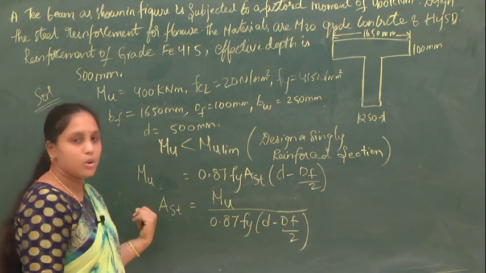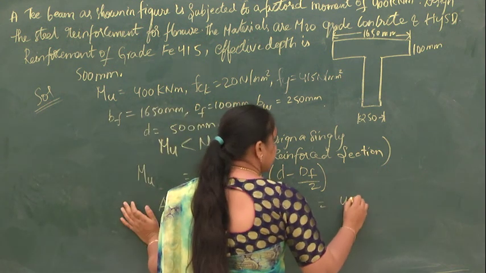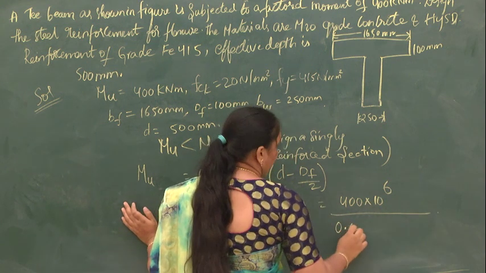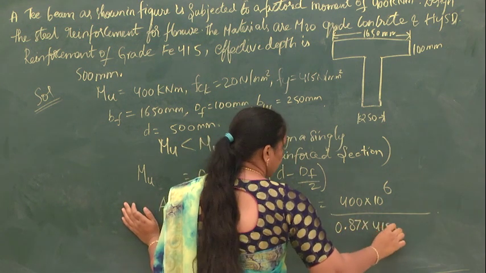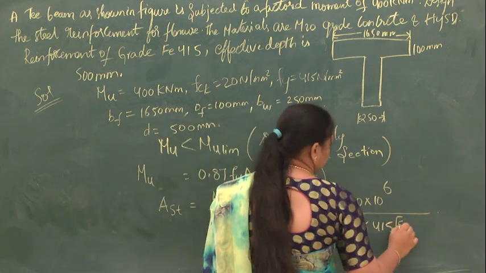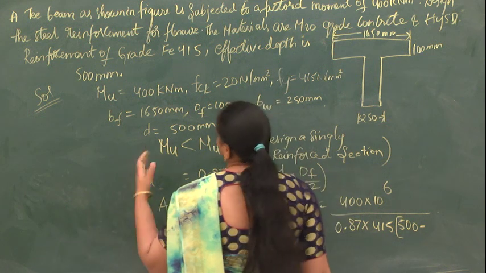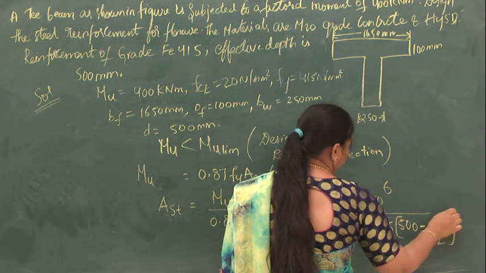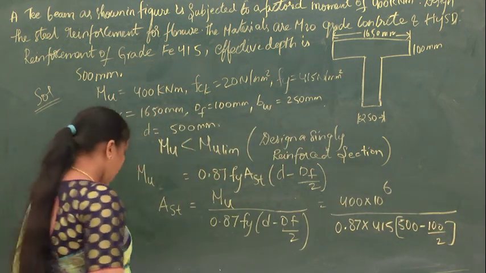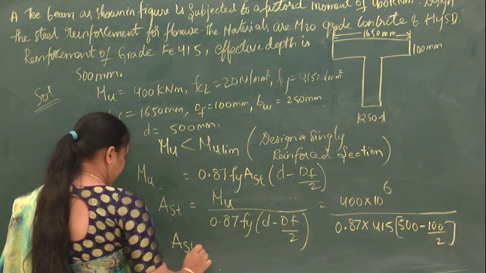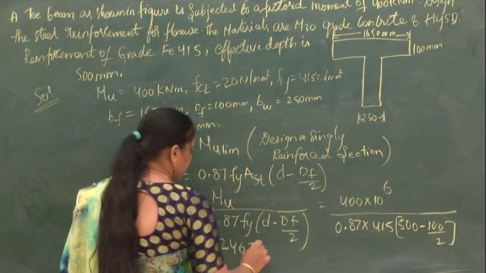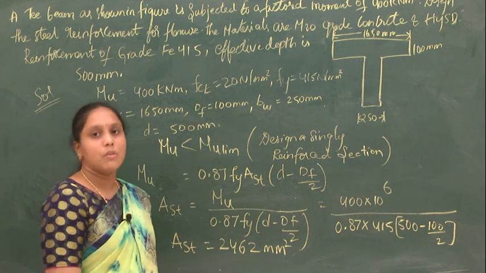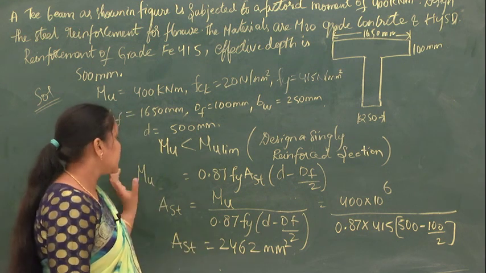So Mu is 400 into 10 to the power of 6 divided by 0.87 into 415 into (500 minus 100 divided by 2). If you solve this, you will get a value of AST as 2462 mm square.